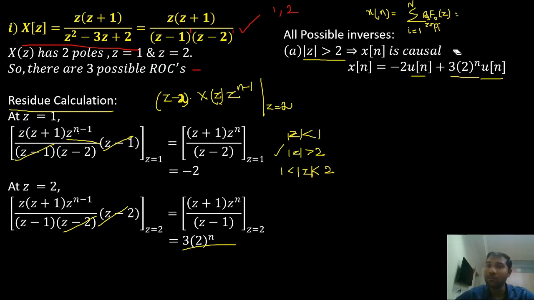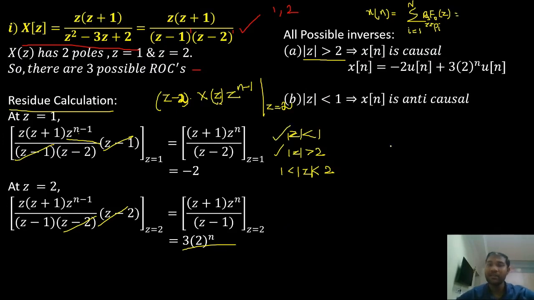Now this is for one ROC. Now I am considering the other ROC. Let me consider mod z less than 1. Since it is less than 1, that means my signal is going to be anti-causal. So how will my formula change?